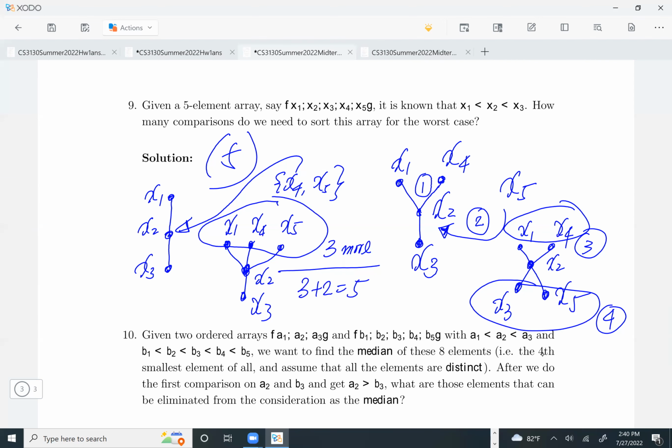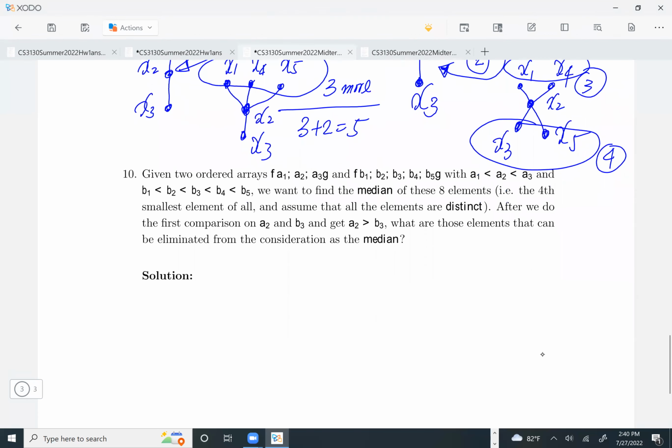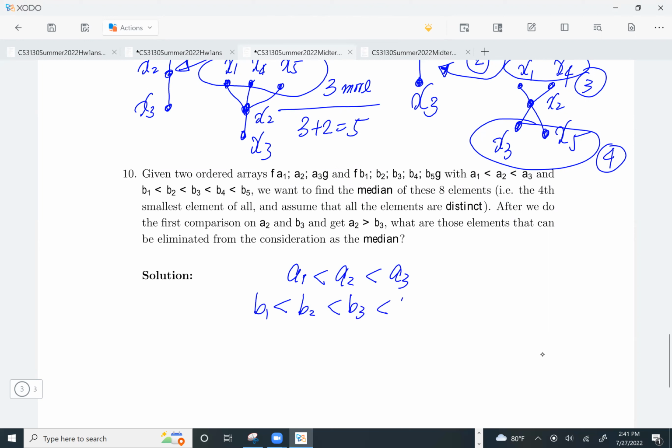The last one, most of you did partially correct. So we know x1 less than x2 less than x3, and b1 less than b2 less than b3 less than b4 less than b5, and x2 greater than b3.